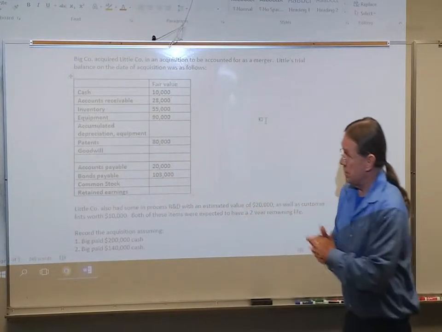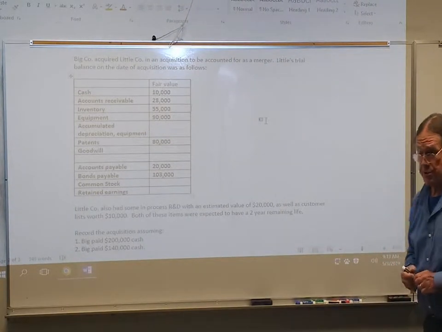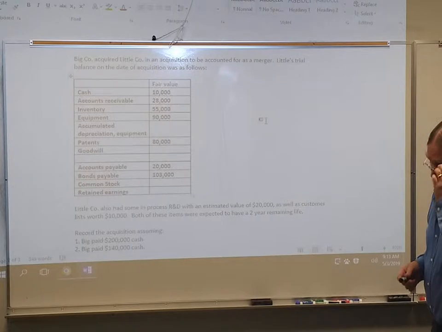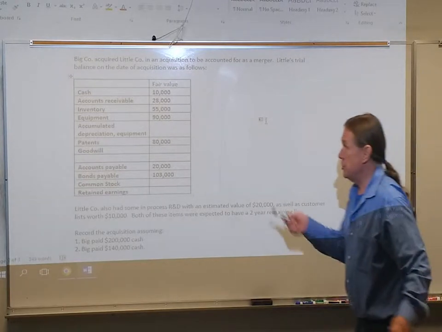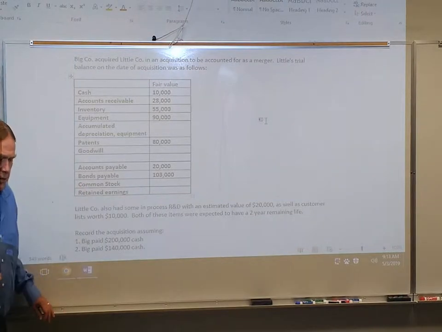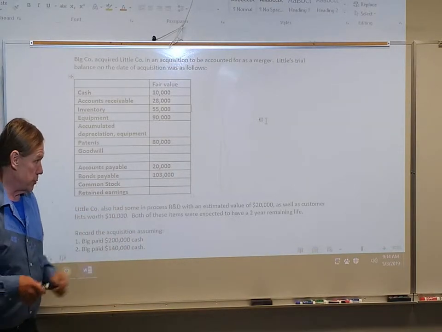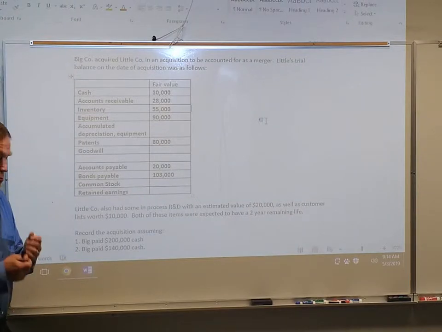Okay, so this is the bundle of assets and liabilities that Big is acquiring in this business combination. Now, again, these are simply the ones that are actually on Little's balance sheet. In addition, there might be unrecorded assets, more likely unrecorded intangible assets. And the question then becomes, under what conditions can we record these intangible assets, things like in-process R&D and customer lists?